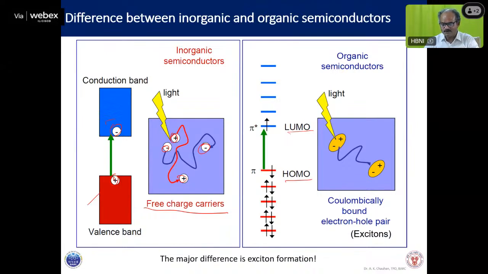Here you have a small number of molecules in those chunks. So in place of valence and conduction bands, it makes LUMO and HOMO, and the width depends on how many atoms or molecules are there in that particular state.